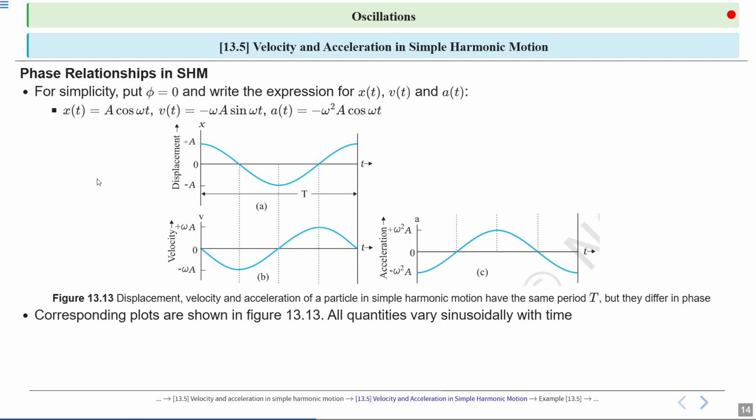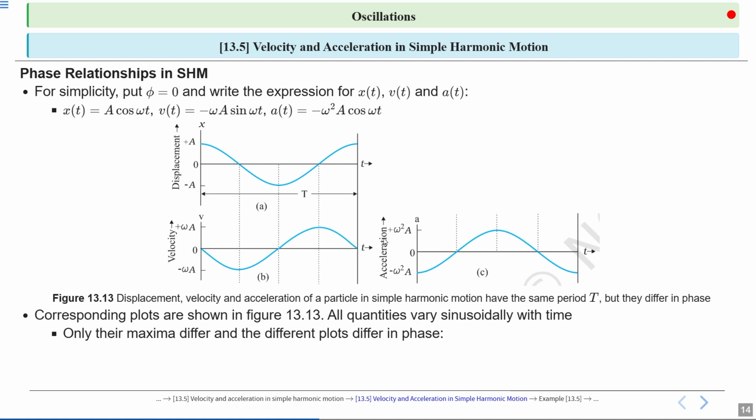So look here: A displacement versus time, B velocity versus time, and C acceleration versus time. While all three quantities are sinusoidal, their maximum values occur at different times. The phase difference is key to understanding how the motion evolves.